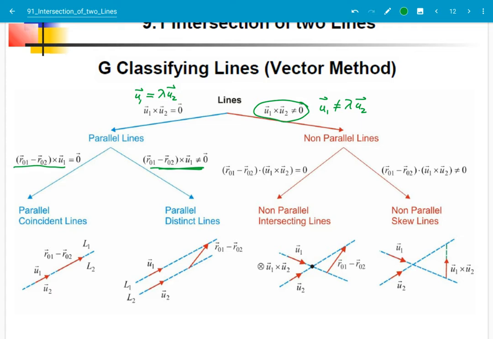If not, they're not. So rather than that, I would rather say, this vector difference is proportional to the direction vector of one of the lines. If that's true, then they're parallel and coincident. If they're not proportional, of course, you could use direction vector 2.